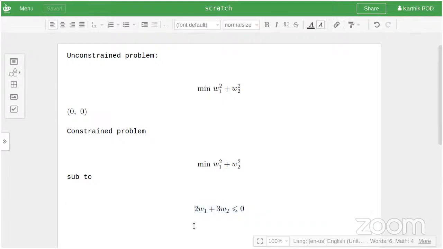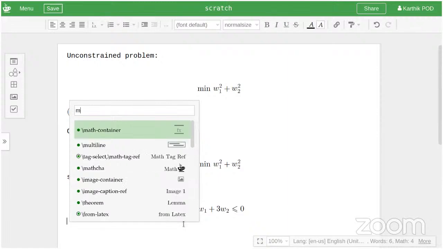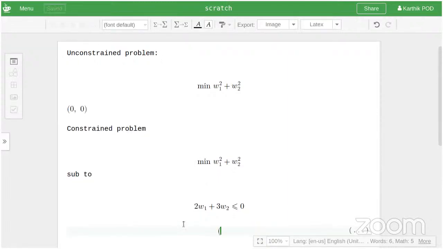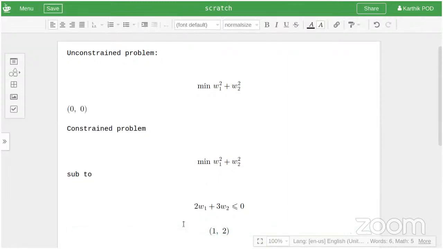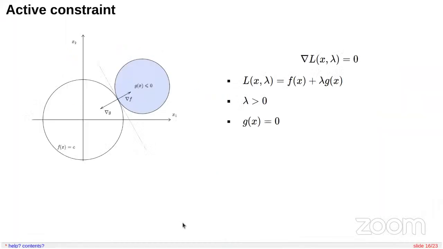But if introducing this constraint makes your optimum something like, say, 1, 2, then in that case your constraint is actually becoming active. It's making sure that it matters. That is what I am trying to say here.